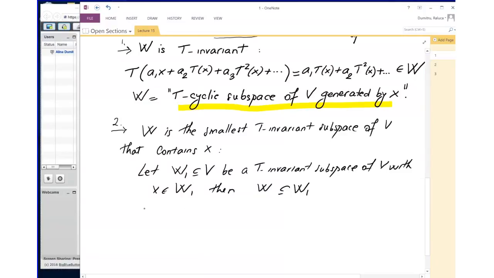Why? Well, how do we show that? So we start with something in W, and we want to show that it belongs to W1, right? So let z be an element of W. Show that z belongs to W1. So what does z look like?